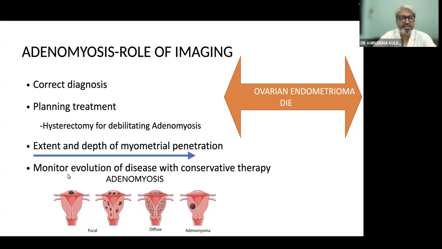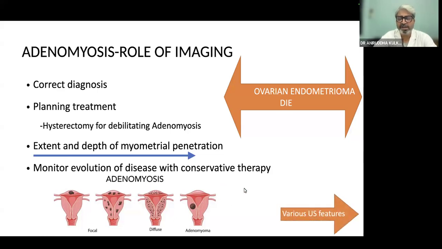Whenever the patient is under clinical trial, we need to monitor the evolution of the disease with conservative treatment. So adenomyosis can be a focal adenomyosis, a focal adenomyoma, or a diffuse adenomyosis, and it can be an adenomyoma in one or the other wall of the uterus.